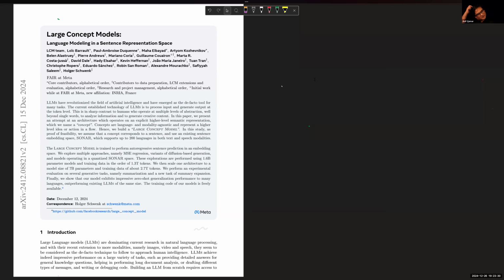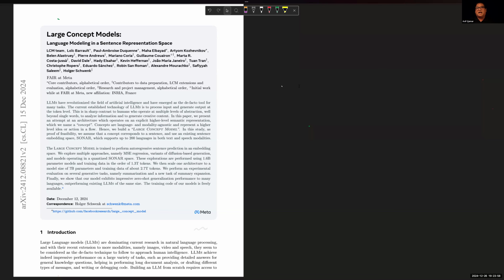I'm giving the big idea before we delve into the paper. Let's say that you have a prompt. You take the prompt and break it up into thoughts, into sentences. Then you give each thought to Sonar to encode into one vector. If you remember the way Sonar was trained, it's sort of an autoencoder.